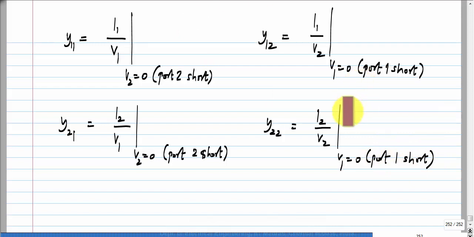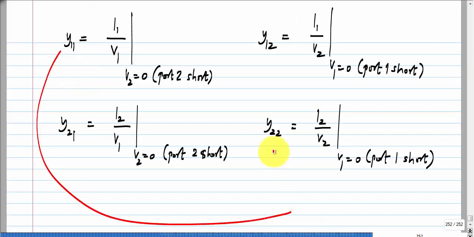So, what you can do is you short port 2, that is you set V2 equal to 0, apply a voltage V1, then you can measure I1 to get Y11, I2 to get Y21. Then you remove the short from port 2 and then short port 1 instead, and apply V2 to port 2. Then you measure I1 to get Y12 and I2 to get Y22.